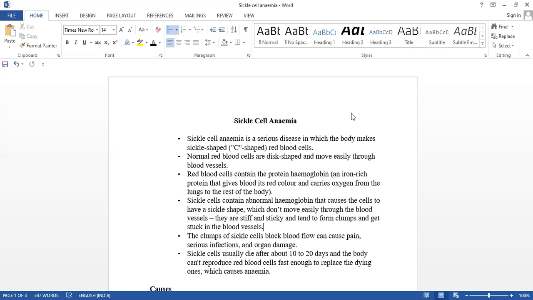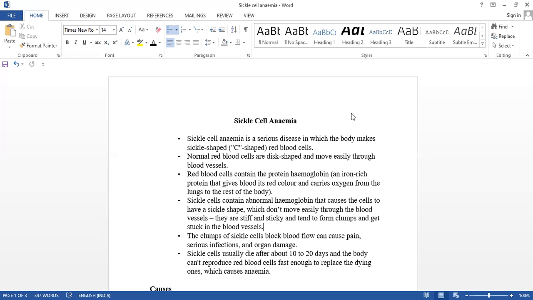Within 10 to 20 days, the cells will die. And the body will not reproduce them immediately within these days, isn't it? That's why there is a deficiency of RBCs due to early death of these RBCs.